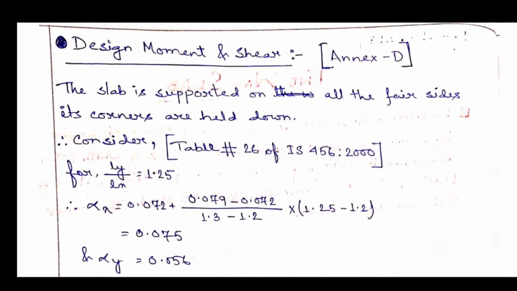So as per formula of interpolation, 0.072 plus (0.079 minus 0.072) by (1.3 minus 1.2) multiplied by (1.25 minus 1.2), that is equals to 0.075. So value of alpha x is 0.075 and value of alpha y is 0.056. That is also given in the last column of table number 26.